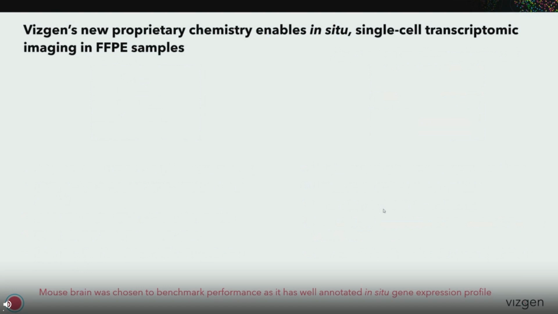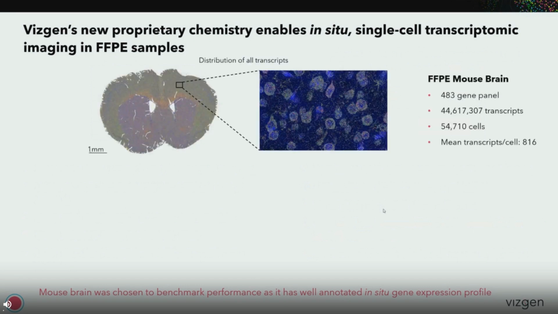To evaluate the performance of this technology, we have chosen FFPE mouse brain for MERSCOPE imaging because it has a very well annotated in situ gene expression profile, and thereby we can more accurately evaluate the performance of our chemistry in detail. Shown here is 483 gene panel imaging in the FFPE mouse brain, and all the detected transcripts are shown across the tissue.